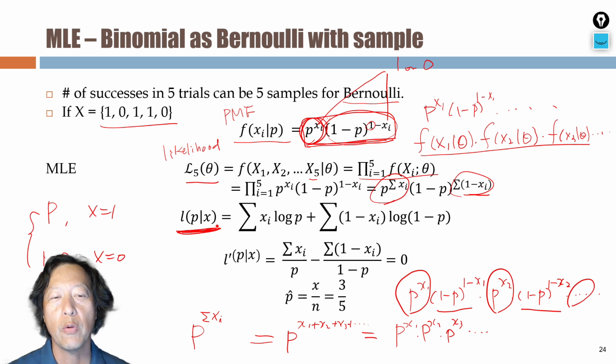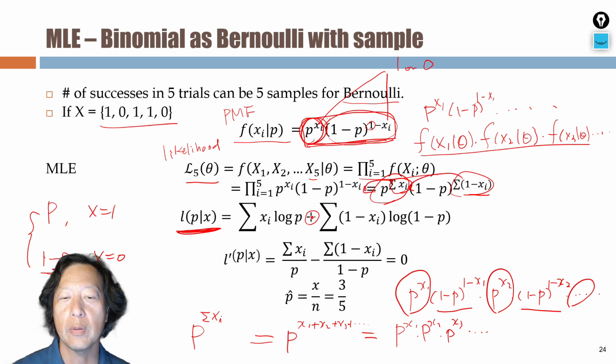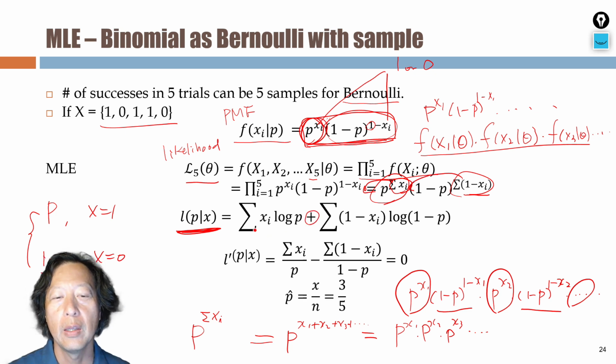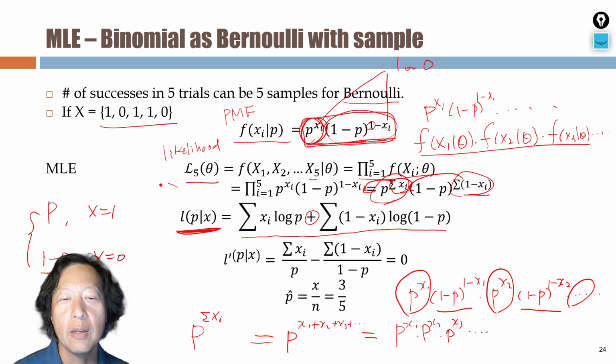Now we apply the log to our likelihood function. Then this exponent comes down, this exponent comes down, and multiplication becomes addition. So you will have this term. Now again, I want to find the probability of success p that maximizes my likelihood function.